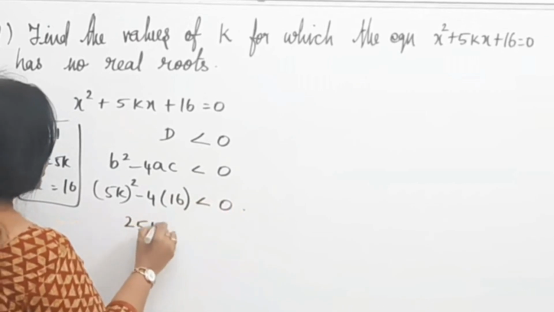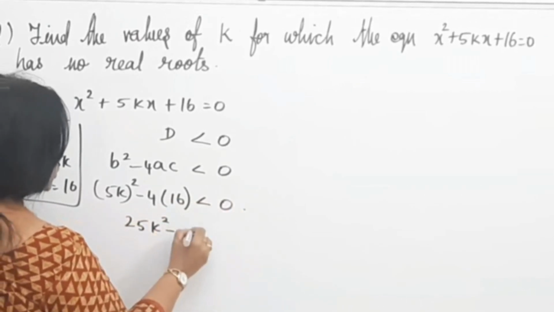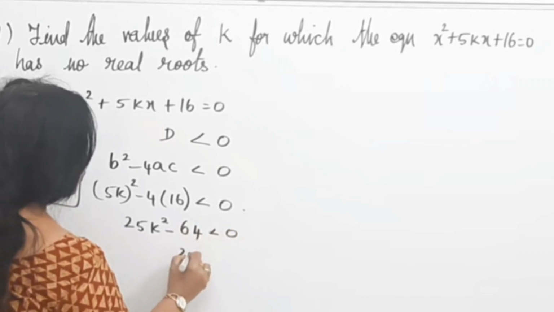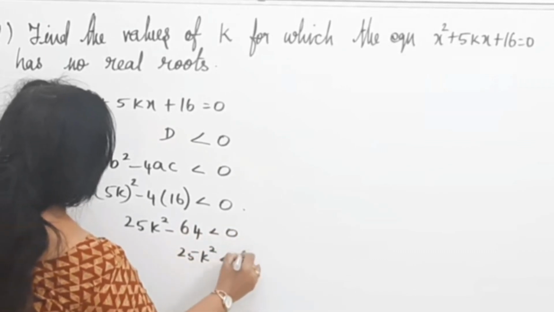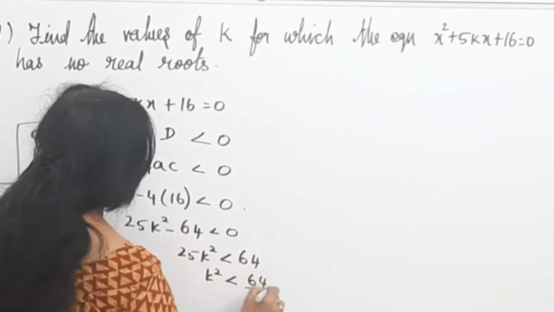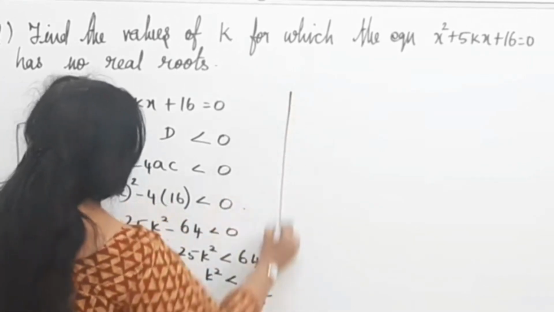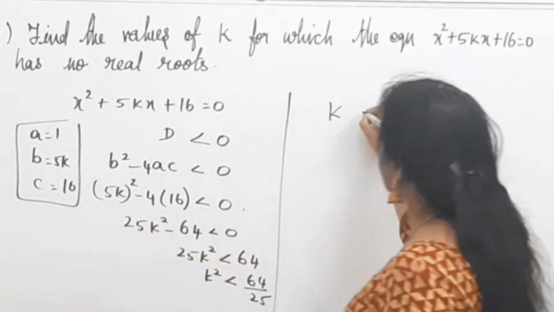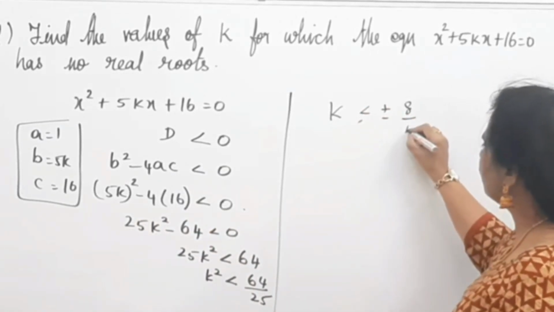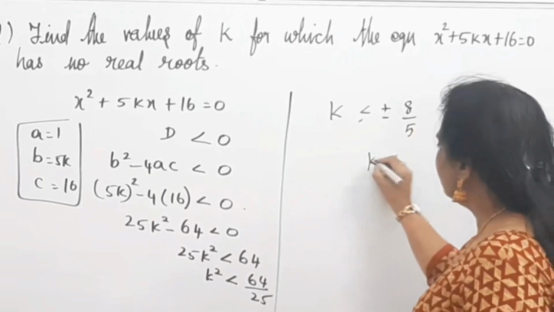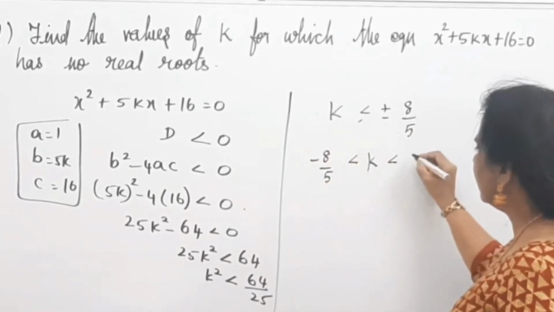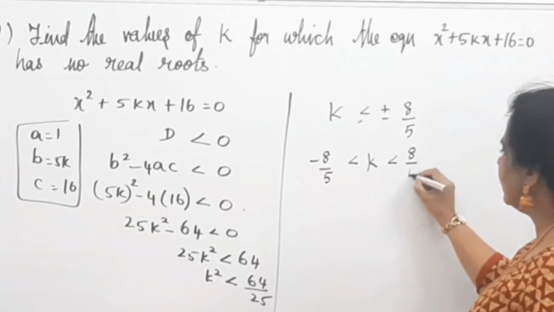So 25k square minus 4 16s are 64, is less than 0. So 25k square is less than 64. So k square is less than 64 by 25. That implies k is less than plus or minus 8 by 5. So how do we write it? We write minus 8 by 5 less than k less than plus 8 by 5.